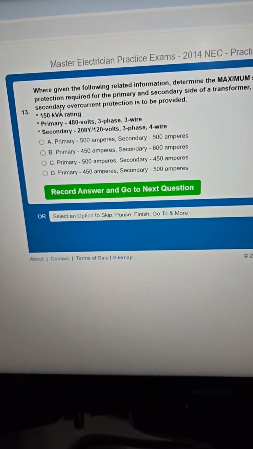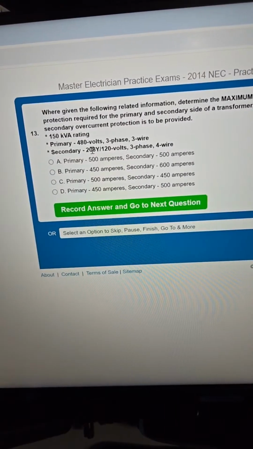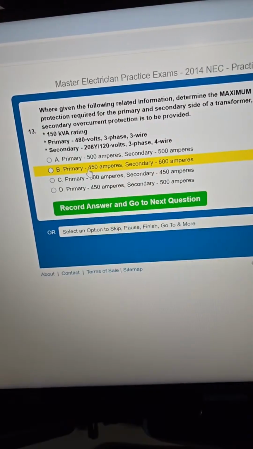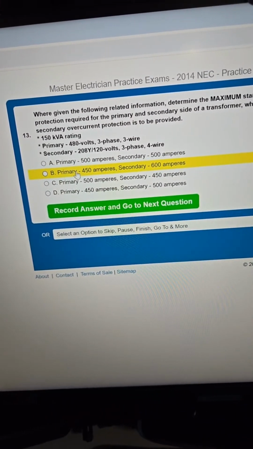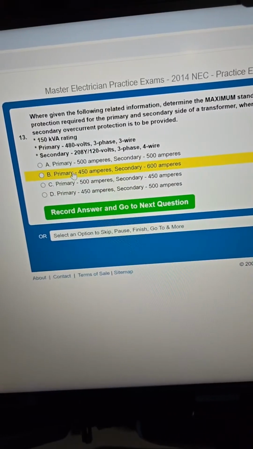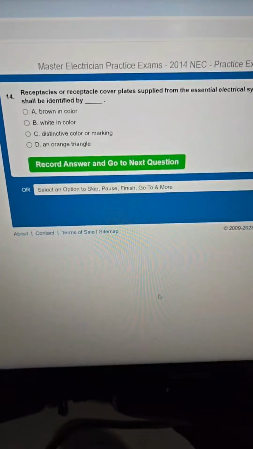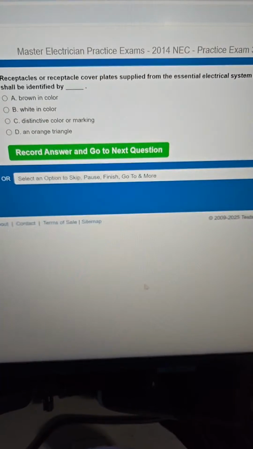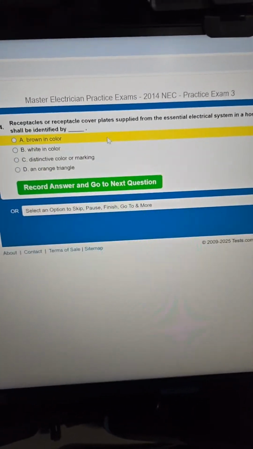Ooh, I don't know if I want to do this in my head. I don't know if I can do this in my head. That's what I should say. The primary is always going to be less. It's probably that one. We're going to go with that one. Dunce cap time. The answer is C. I think I got it right then. I don't know what I clicked, but I clicked the one that made the most sense to me.